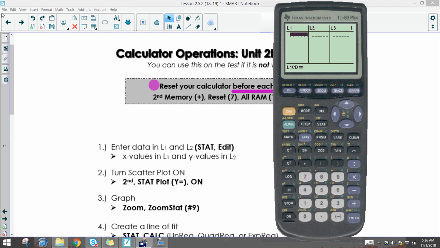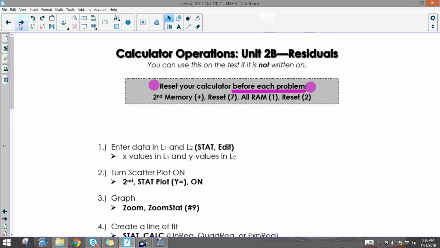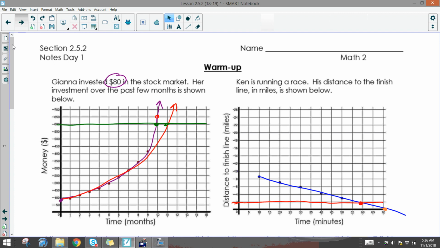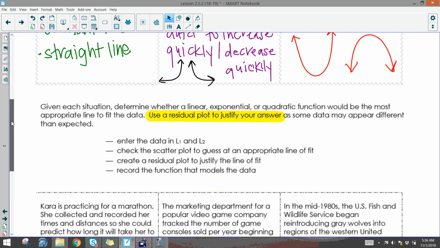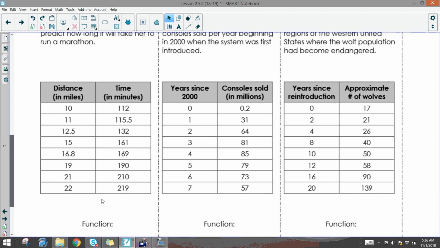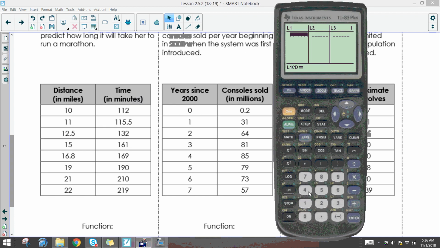So we are going to enter our data. Let's go back to our data. All right, so we have 10, 11, 12.5, 15, 16.8, 19, 21, and 22.